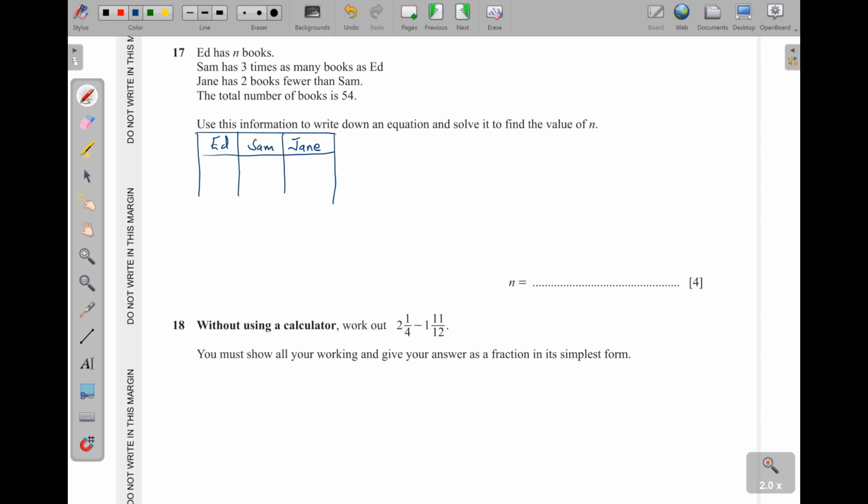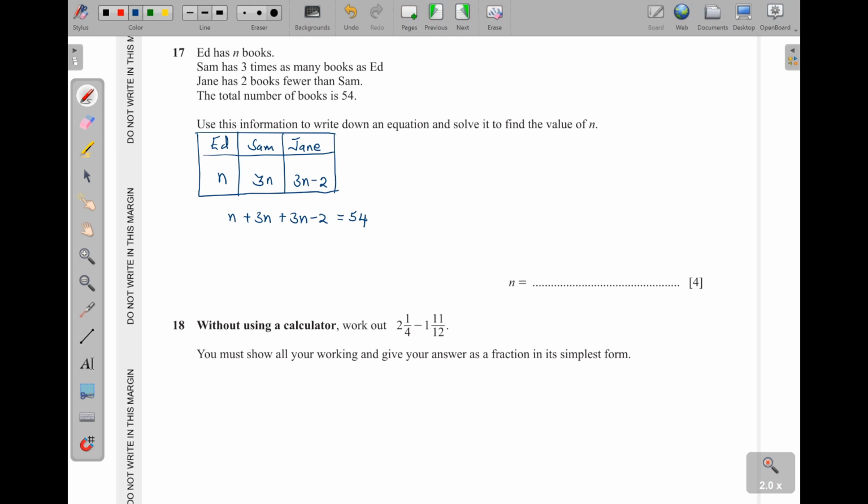If Eddie has n books, and Sam has 3 times as many books as Eddie, then that will be 3n. And then Jen has 2 books fewer than Sam, so I'll get 3n, then I subtract 2. Now I add all of these, then I equate to the 54. That will be our equation.